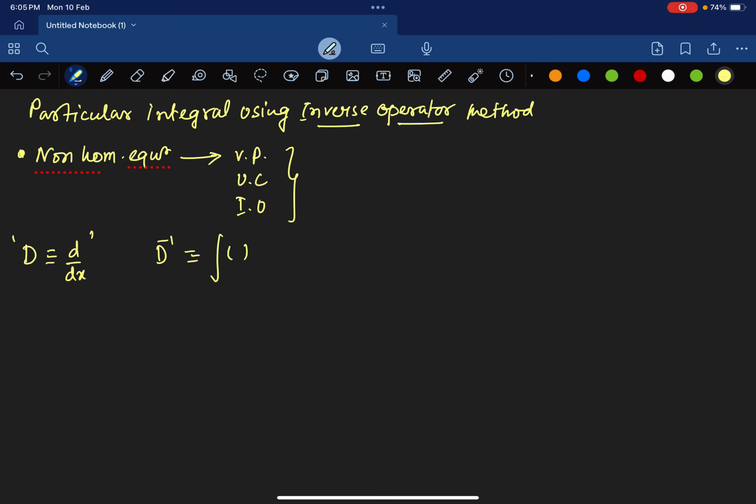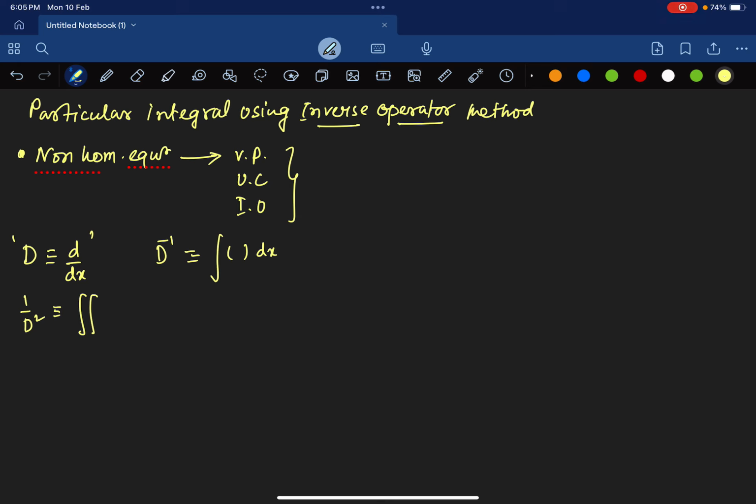Suppose it is with respect to x, so integration with respect to x. So wherever we have this 1/D, that immediately represents integration. 1/D squared is double integration, 1/D cubed is triple integration, and so on. So basically this is the inverse operator concept.